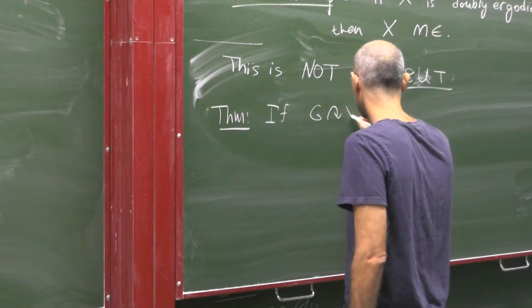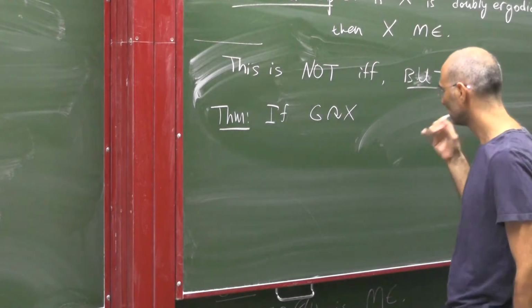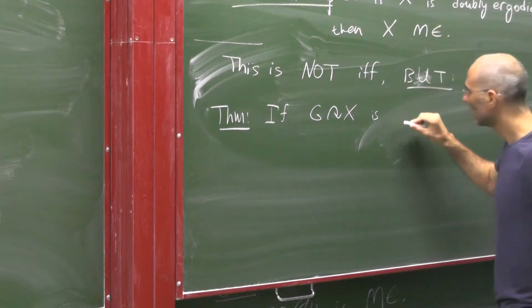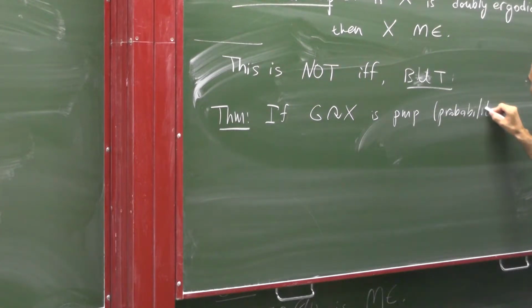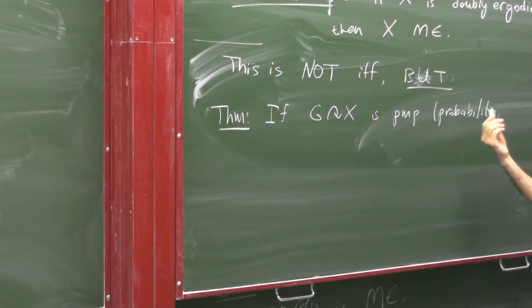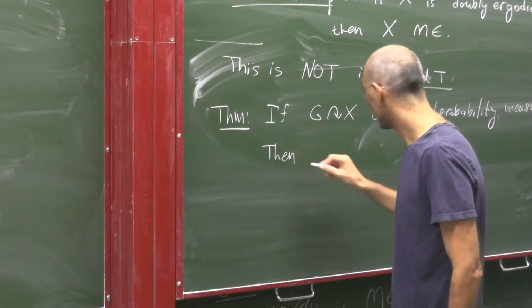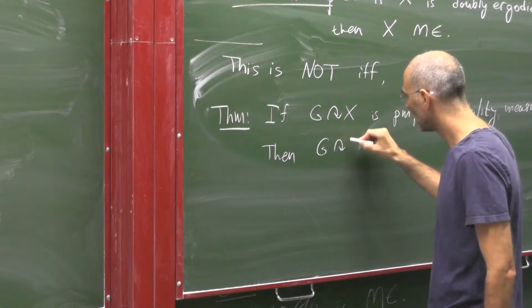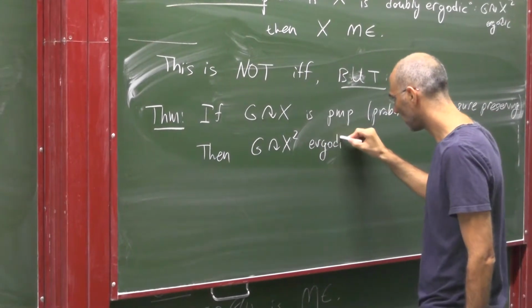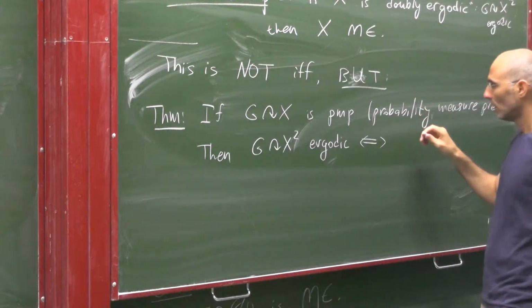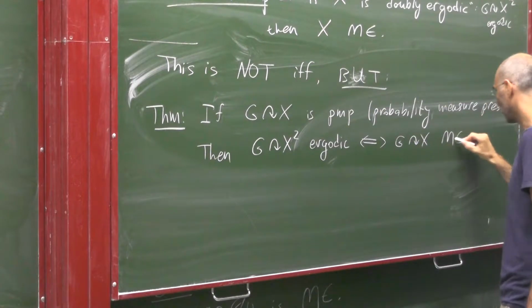If G acts on X is PMP, probability measure preserving, so not just preserving a measure class, but preserving an actual measure and a finite one, then G acting on X squared is ergodic if and only if G acting on X is metrically ergodic.